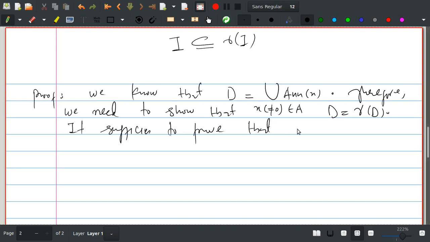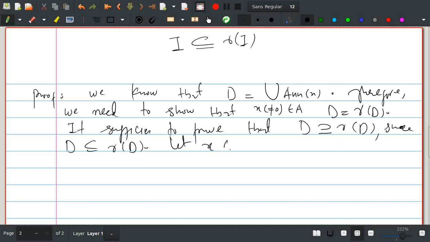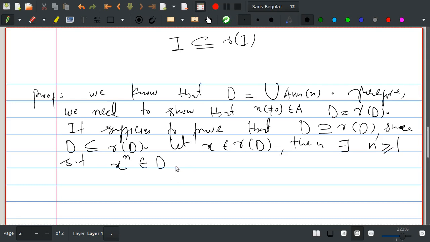So it suffices to prove that D contains the radical of D, since the other containment is trivial. So to prove this containment, let x belong to the radical of D. Then there exists some n bigger or equal to 1 such that x to the power n is in D, i.e. x to the power n is a zero divisor.